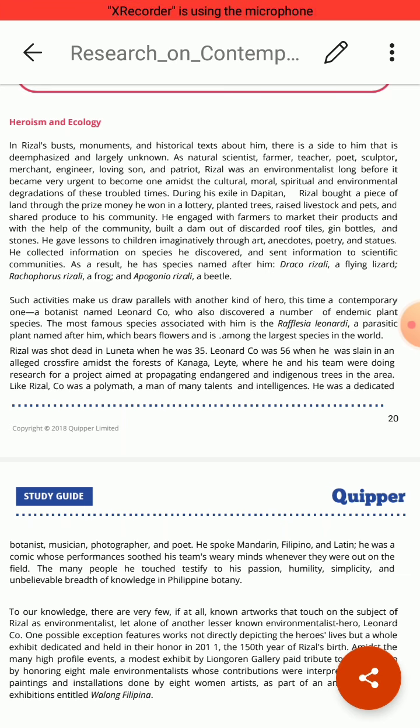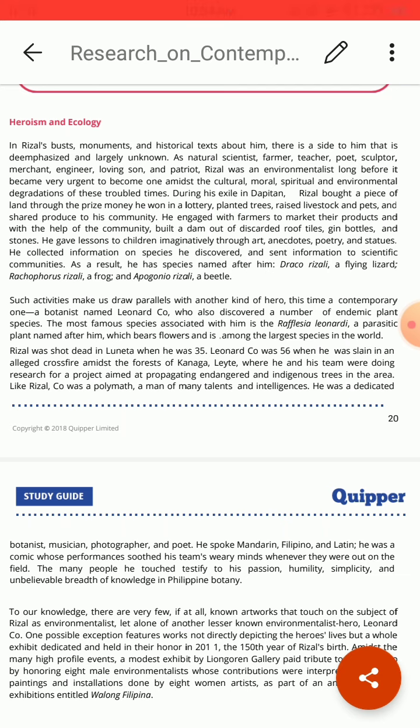Tapos human by art, anecdotes, poetry, and statues, mao na iyang ginahatagan og lesson, ay mao na iyang gina-share nga lesson sa iyahang mga children nga naa sa ilahang community.